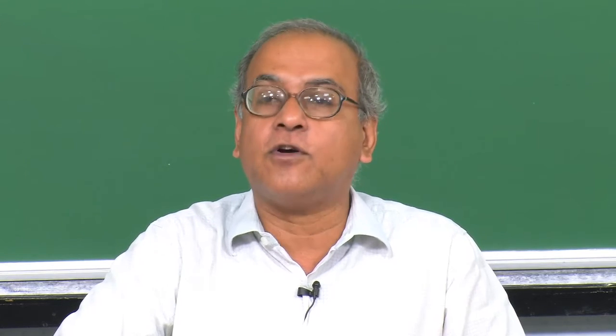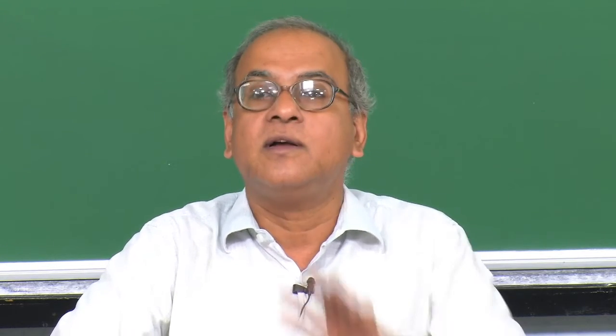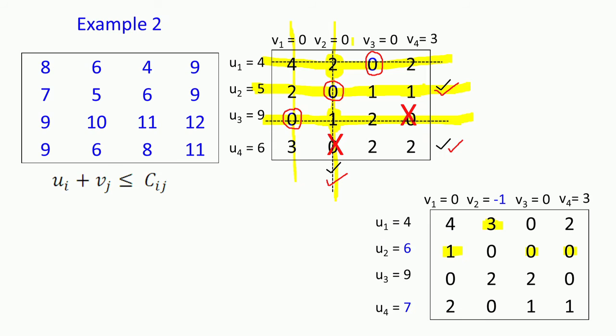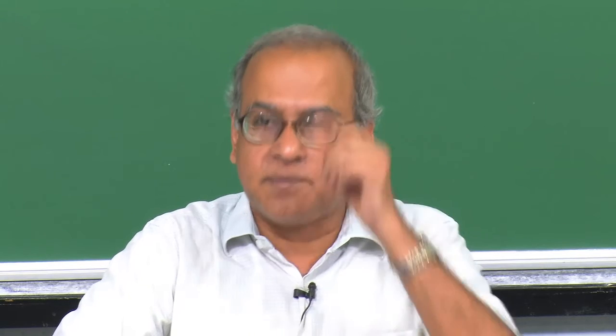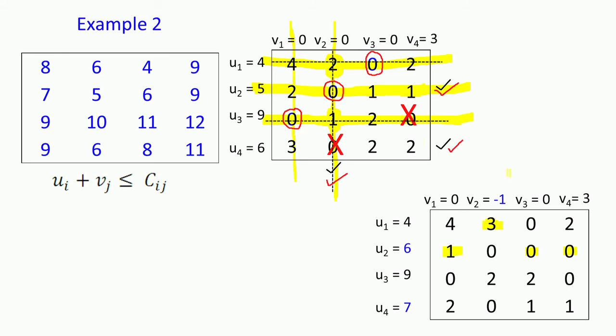Similarly, if you take the 4 columns, if the column does not have a line passing through, keep the v as it is. So, v1 is 0, v3 is 0, v4 is 3. If a column has a line passing through, then subtract theta from that v. So, v2 becomes minus 1.